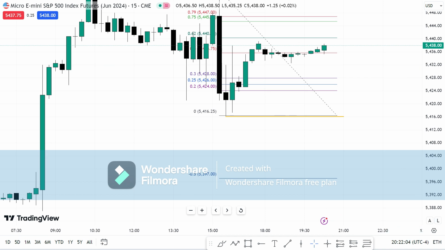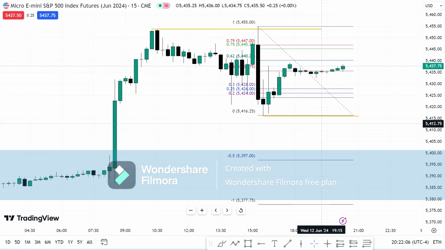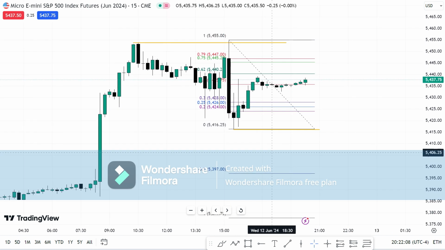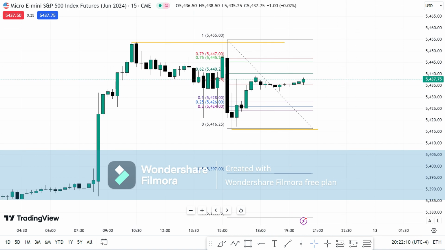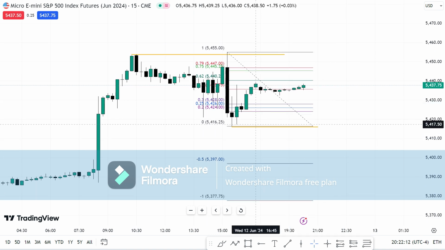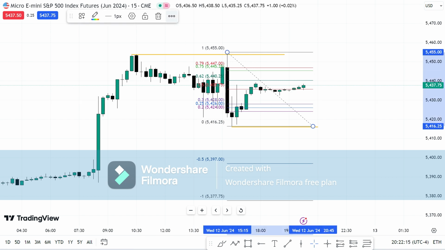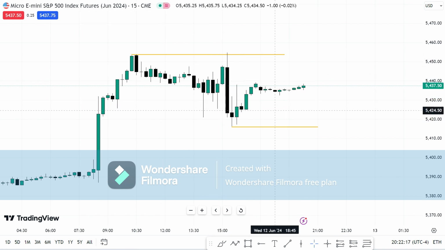The micro can do the job. I'm definitely sure that the micro can do the job to correct the drawdown, and I could even trade the micro my whole life. There are some volatility characteristics between the mini and the micro.